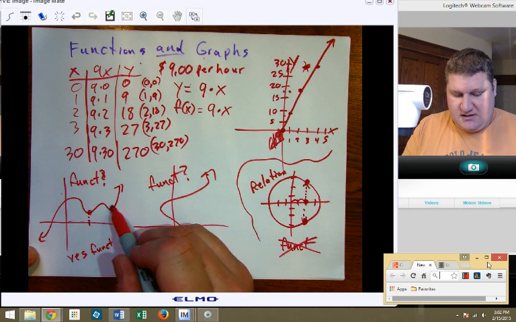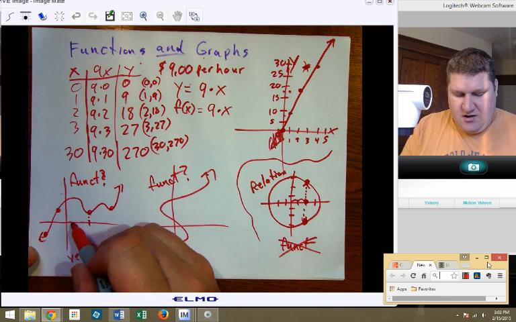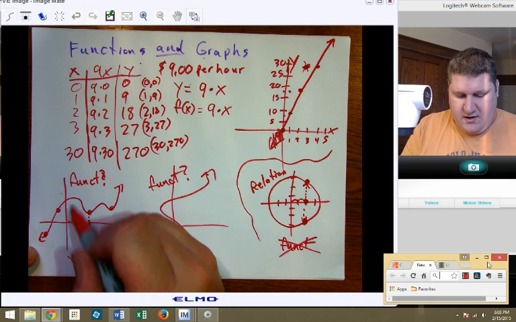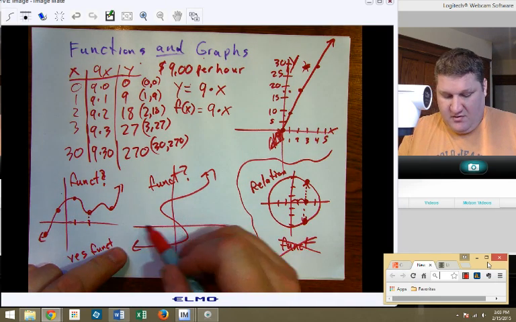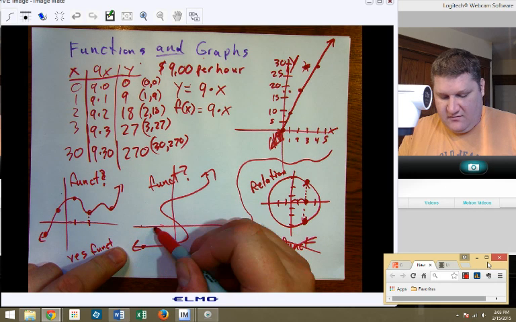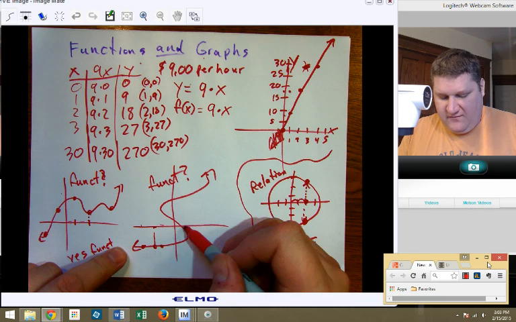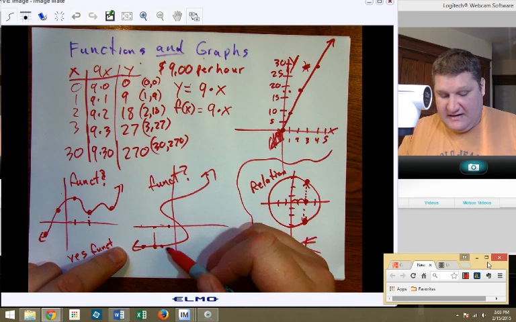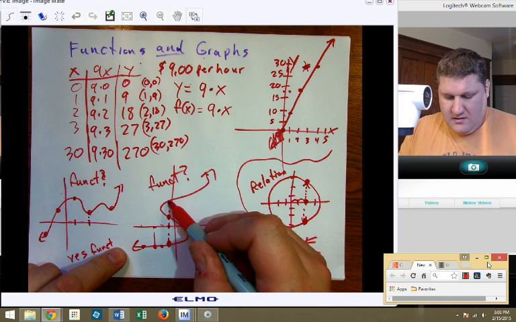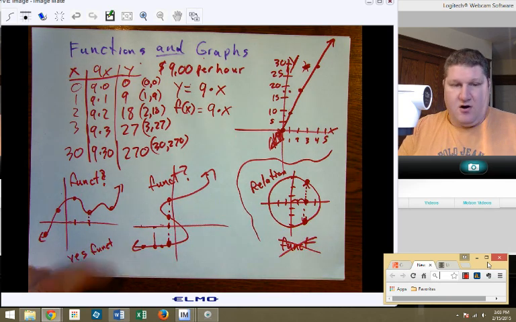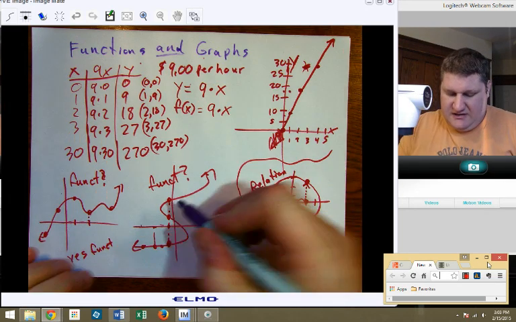I know exactly where to go. I know that if I go over to 1, I'm going to go up to right here. Over here, if I go back here, I know I'm going down. If I go over here, I know I'm going down. But if I go right here, I could be down, middle, up.